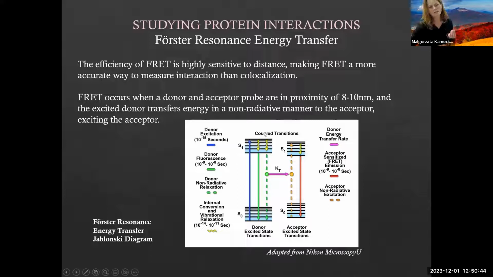So this Jablonski diagram shows very nicely what happens during FRET. So in normal fluorescence, after an electron jumps to a higher energy state and comes back to the ground state, it emits fluorescence.